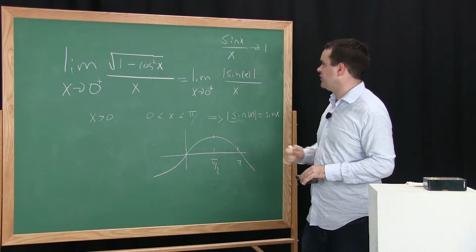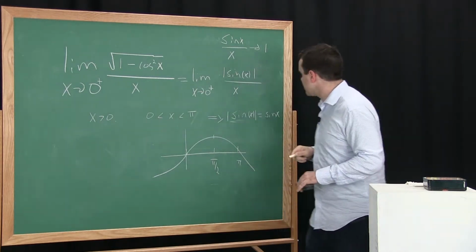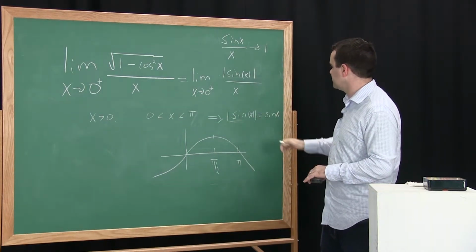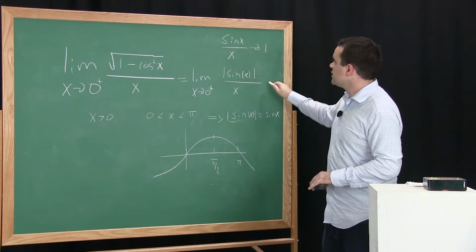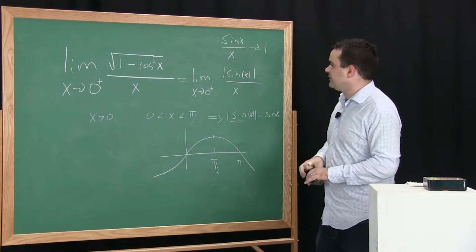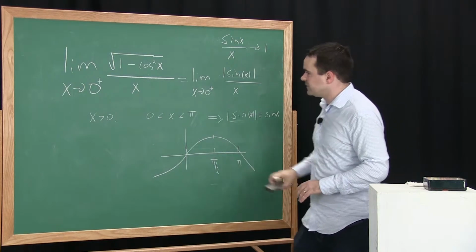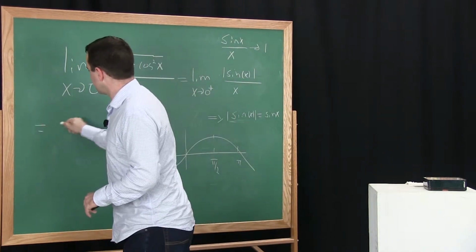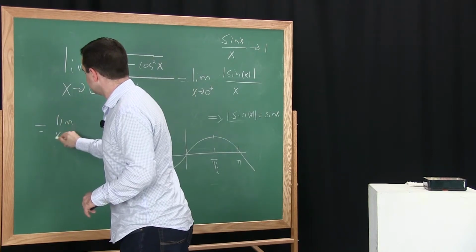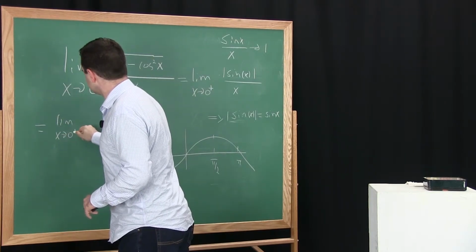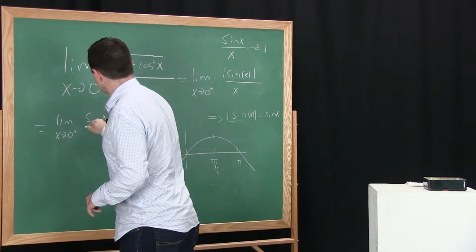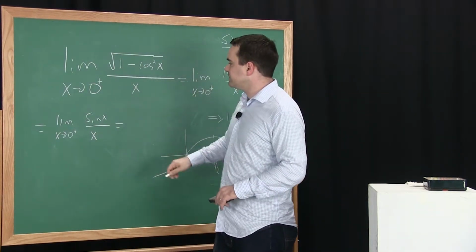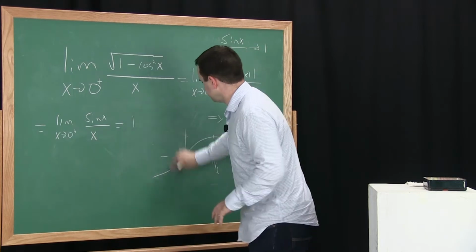And we wouldn't be able to do it. But since we're just considering these positive values, the absolute value of sine of x is equal to just sine of x. So knowing that I'm taking the limit from the right, I can make the replacement: the absolute value of sine of x over x is just equal to sine of x over x. And sine of x over x limits towards 1. So that's the answer.